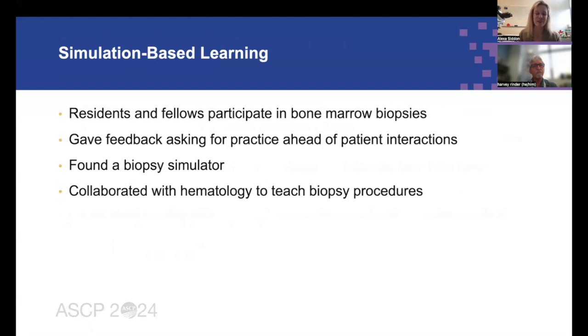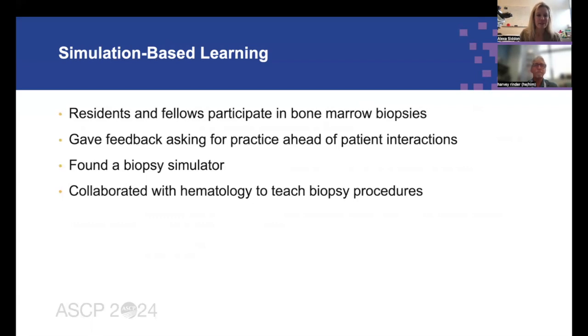This doesn't apply to all specialties, but we made it work for HemePath. So our residents and fellows are expected to participate in bone marrow biopsy procedures, especially the fellows. It's one of the things that we sign off on for our fellows to participate in the HemePath boards.